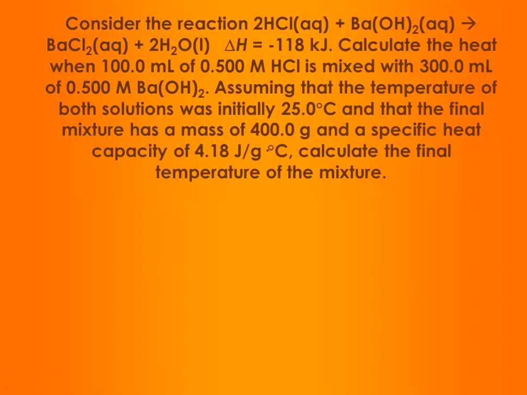So I'm going to come back to the rest of that shortly, but we're going to focus first on the amount of heat that's released when this particular amount of hydrochloric acid is mixed with this amount of barium hydroxide. We just got done doing stoichiometry problems, and we know that if you have different amounts of your reactants, that can influence how much of your product can be generated.